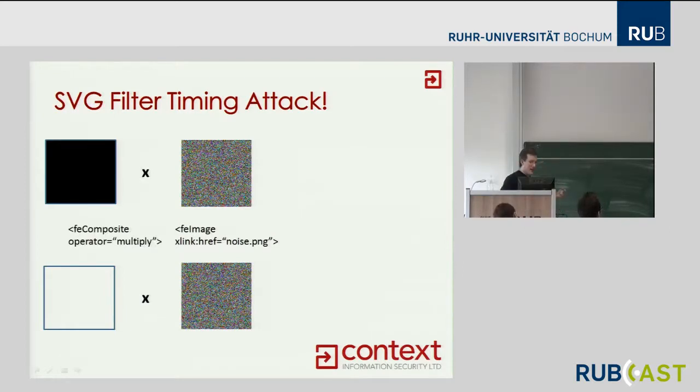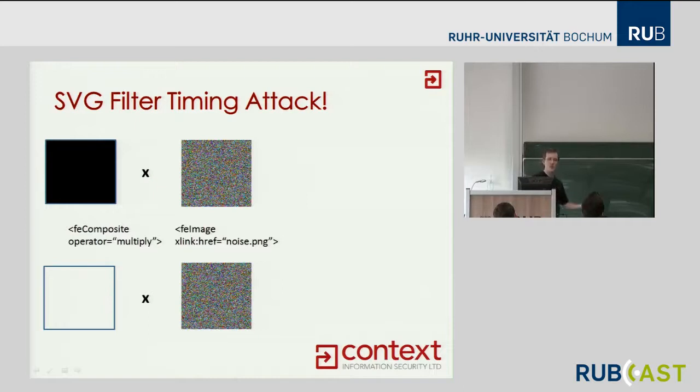But there's a second filter that we can put in the middle there, and this is a multiply filter. What this does is very, very simple. It goes through each pixel in both images. So it takes the top left-hand pixel of both images, and it multiplies them together. And then goes to the next pixel, and the next pixel, and the next pixel. So with a black image, all of the values are 0, obviously.